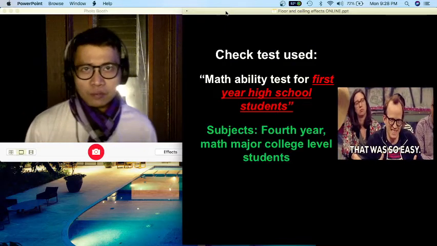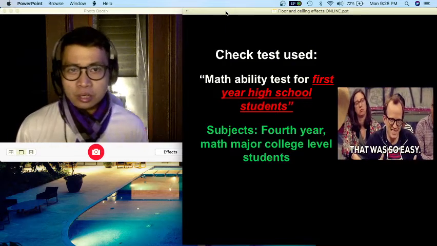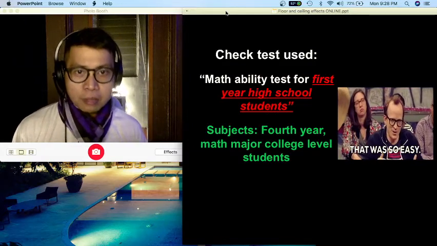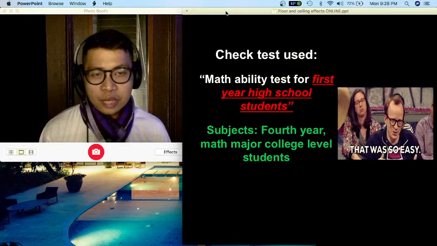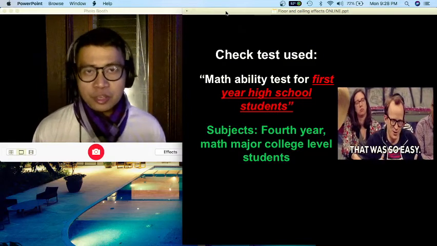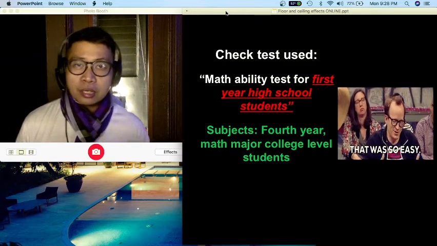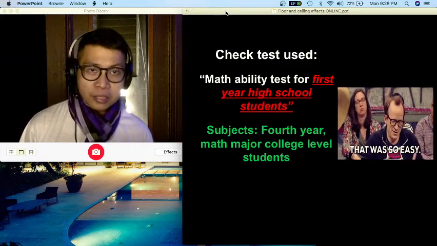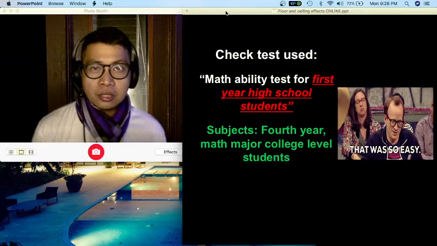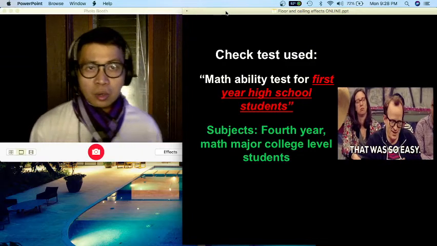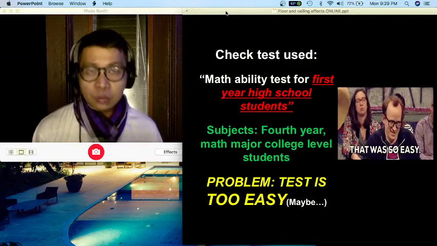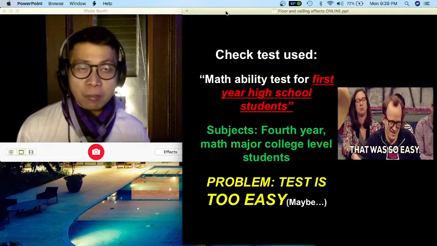Pero kung re-reviewin mo yung case na binigay ko sa inyo kanina, your participants in the experiment were fourth-year math major college-level students. So there is a big discrepancy between the test that you have used and the participants who participated in your experiment. To make the long story short, to summarize the situation, mukhang masyadong madali yung test na ibinigay mo sa mga participants mo.